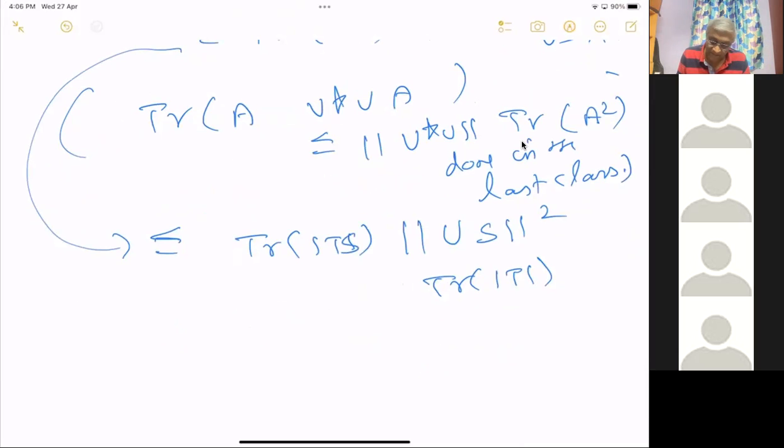Now norm of U S is less than or equal to norm U times norm S. So this is less than or equal to norm T times norm S squared.